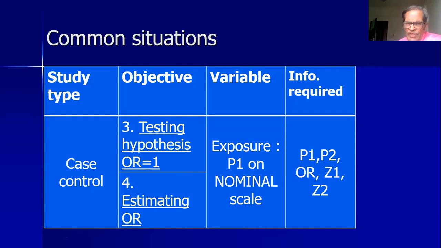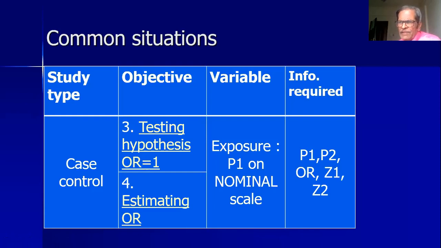So what information we require is the probability of exposure in the study group and the probability of exposure in the control group. And these are on the nominal scale. That's why we are selecting the case control study. So here we will have to give the information about P1 and P2. What is your estimate about the probability of exposure in the study group?